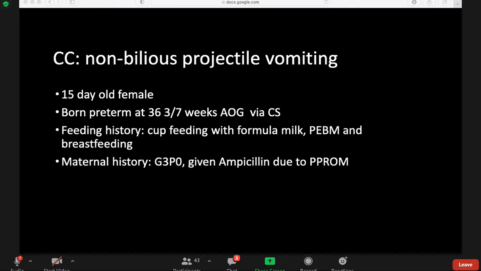The patient was born preterm to a G3P0 mother who was given ampicillin a few hours before the emergency CS due to premature rupture of membranes. Other pertinent feeding history elicited was that the patient was given formula milk and previously expressed breast milk via cup feeding supplemented with breastfeeding.